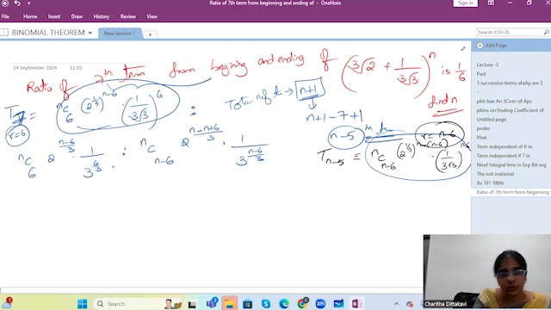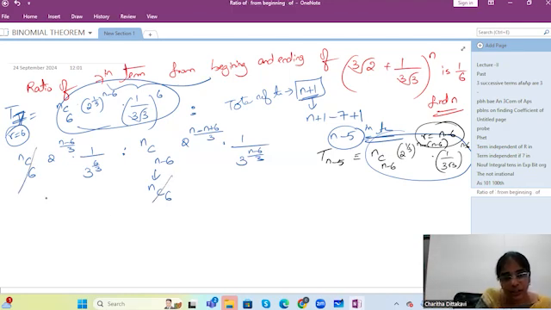Now, observe here carefully. Is nC(n-6) the same as nC(n minus (n minus 6)), which is nC6? Clear? So obviously, these both get cancelled there.